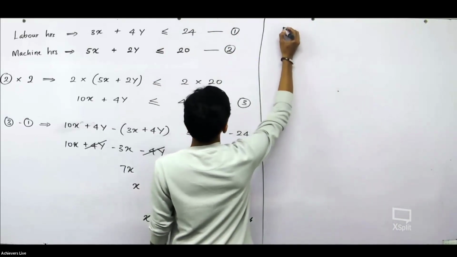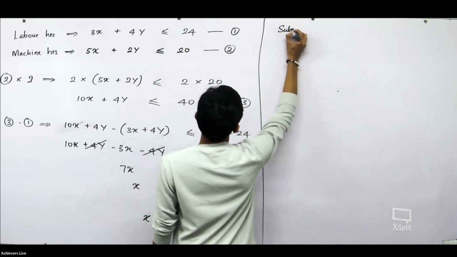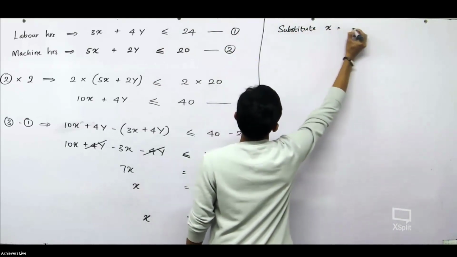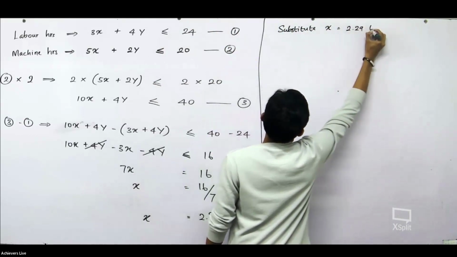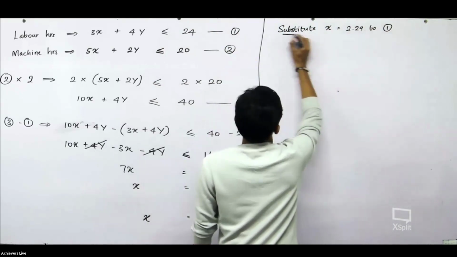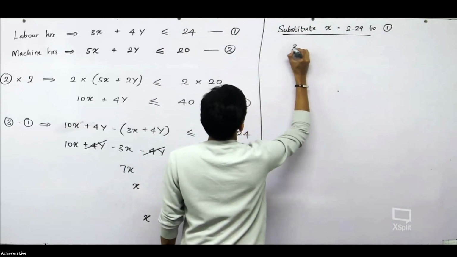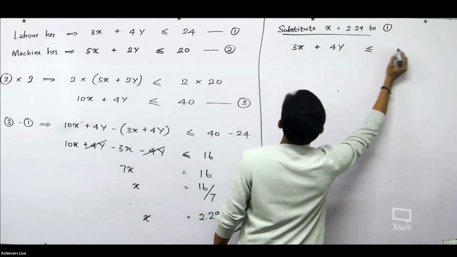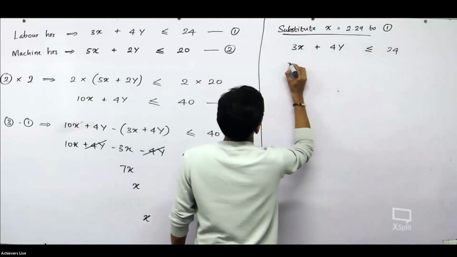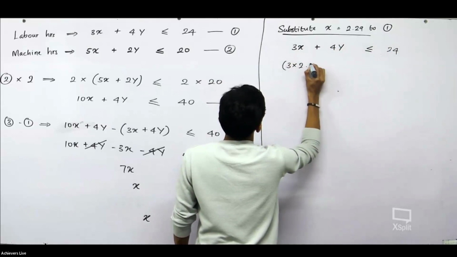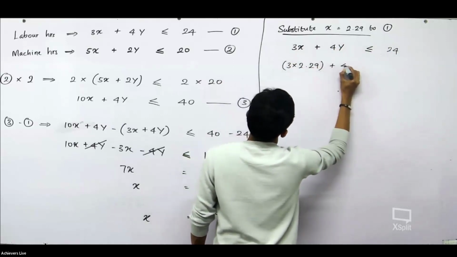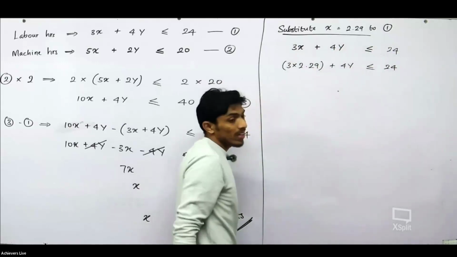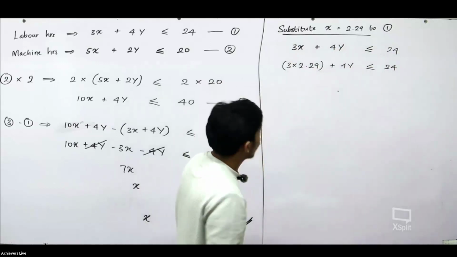So substitute x equal 2.29 into the first formula. So 3x plus 4y equal or less than 24. 3 into 2.29 plus 4y equal or less than 24. So 3 into 2.29, how much? 6.87.